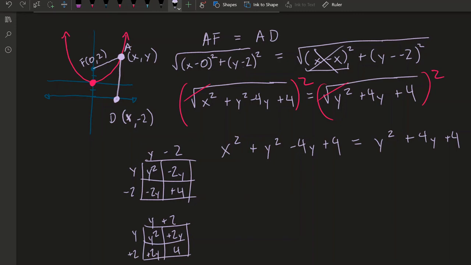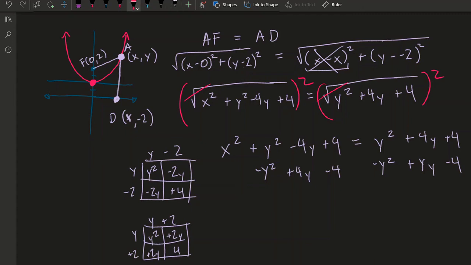So now I can see I've got y squareds on both sides, so I can subtract y squared. I've also got 4's on both sides, so I can subtract 4. And then I can add 4y on both sides.